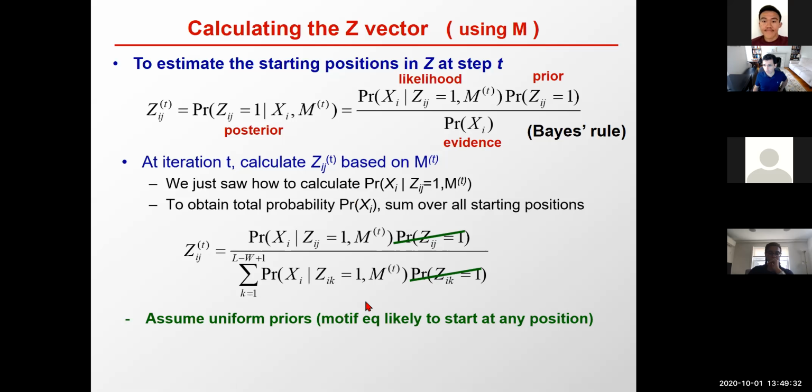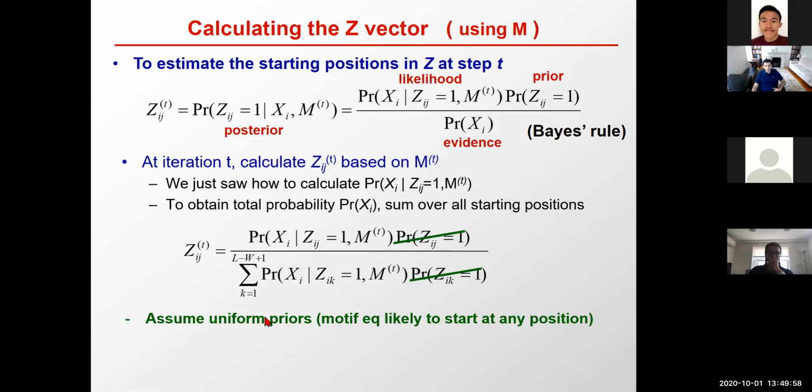Okay, so at every iteration, we calculate Z_ij based on the motif matrix. And we can calculate the probability of each starting position by simply summing things across. To obtain that total probability, we sum over all the starting positions, so basically summing over all of the starting positions, you have your normalization factor.